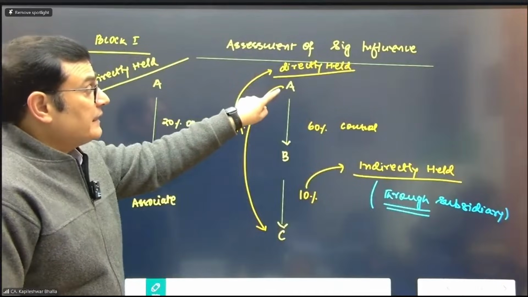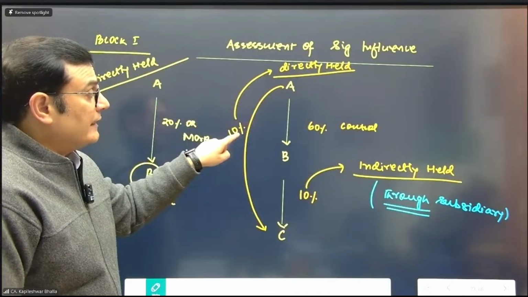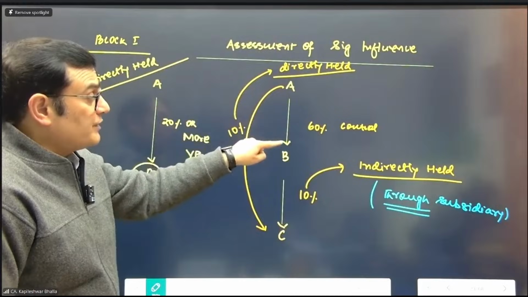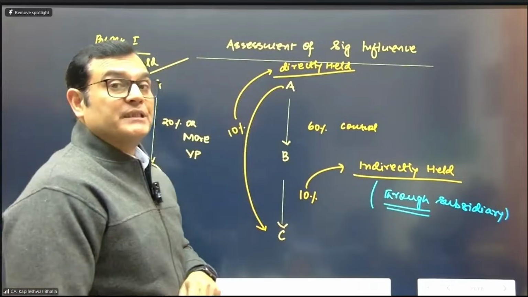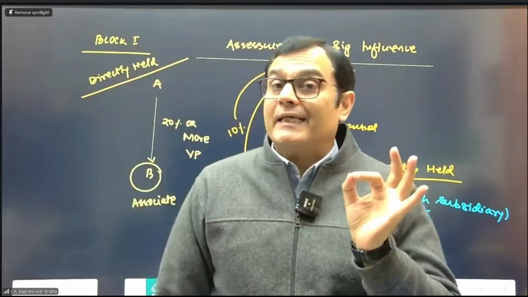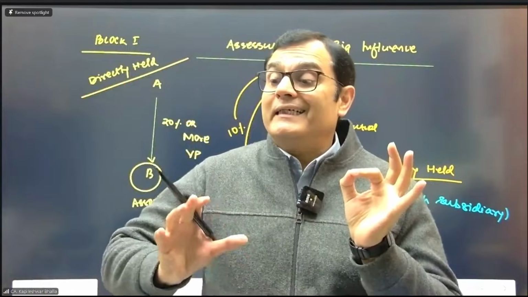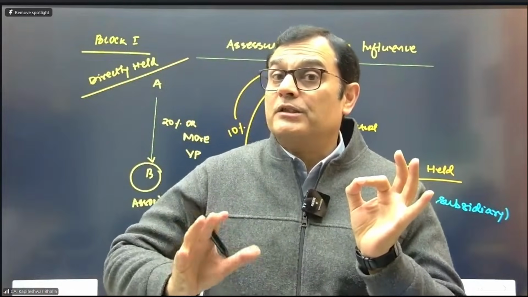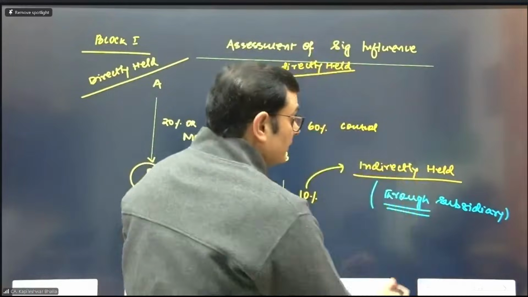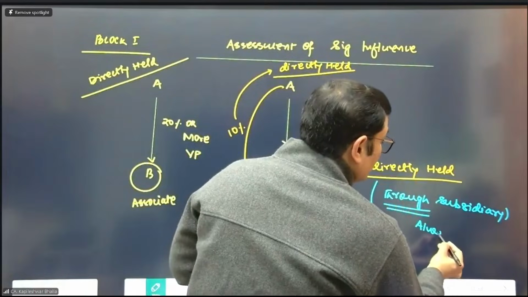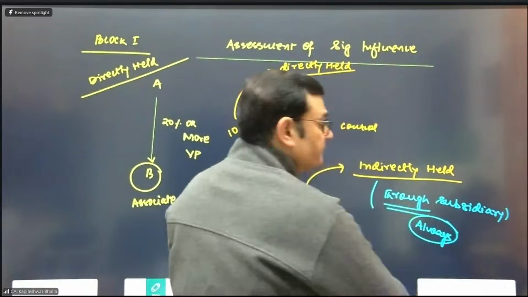In this case, I would say A has got a 10% direct stake, and A through a subsidiary has got a 10% indirect stake. So when you say as an investor that you've got indirectly, it should always be through a subsidiary only.